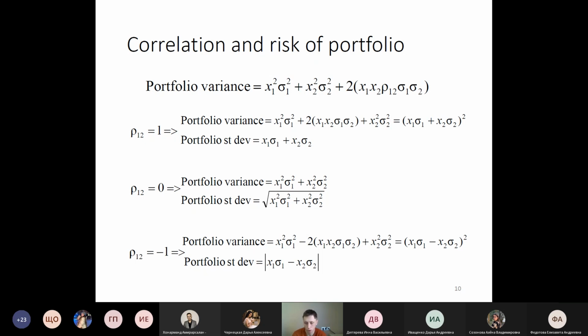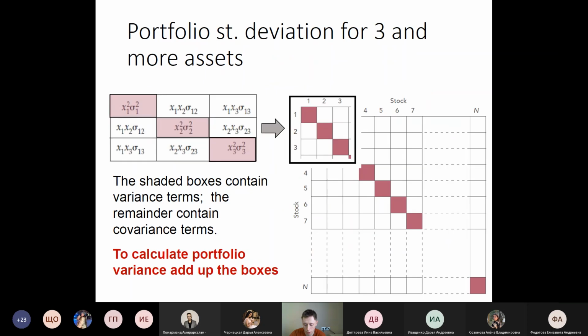For them, we have shorter versions of such formulas. And the rho variable is crucial here because it determines the effect of diversification that we can achieve.